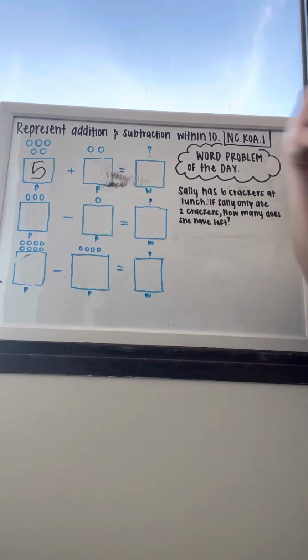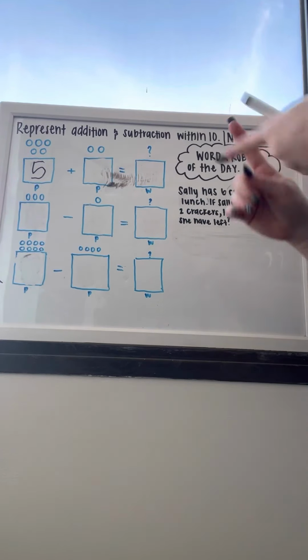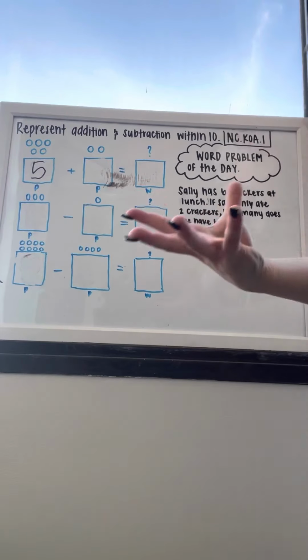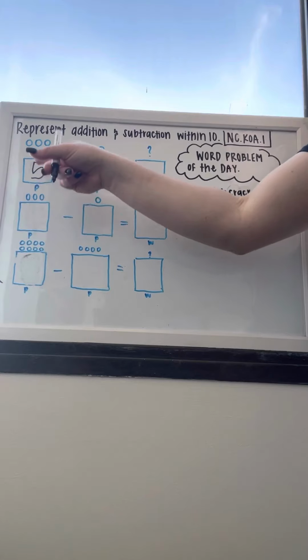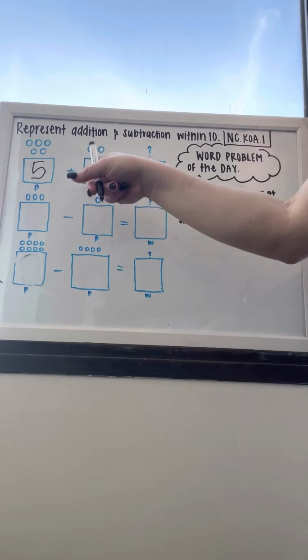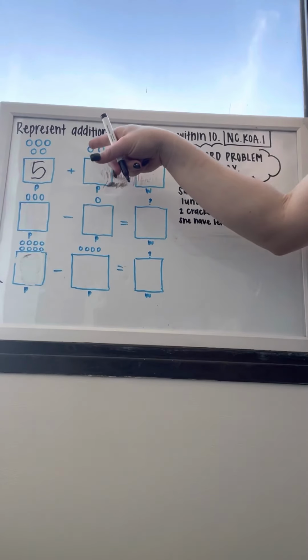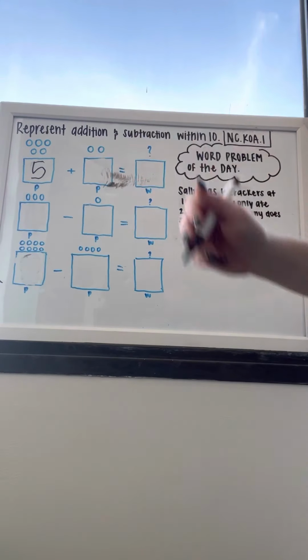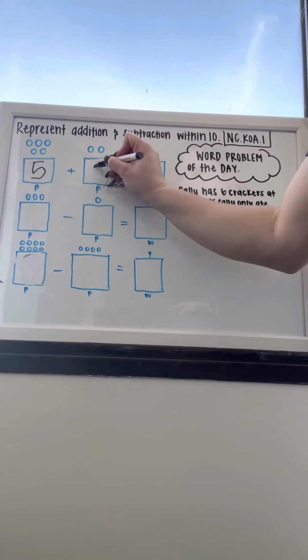Now, what are we doing here? We are adding. Good job. We are using addition, okay? So we are doing 5 plus. How many circles are right here? 1, 2. Good job. There's 2 circles.